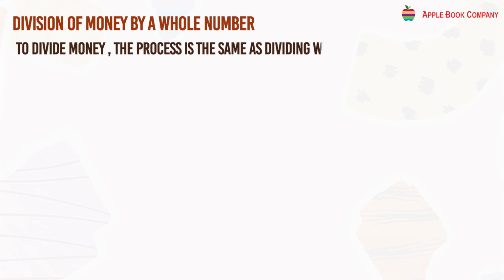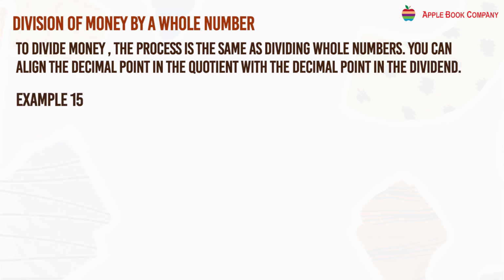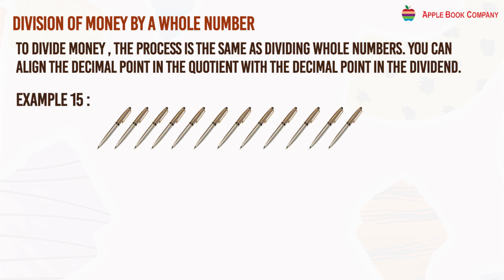Division of money by a whole number. To divide money, the process is the same as dividing whole numbers. You can align the decimal point in the quotient with the decimal point in the dividend. Example 15. The cost of a packet of 12 pens is rupees 48.60.